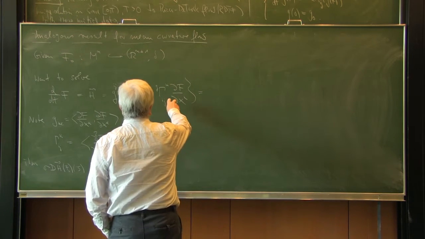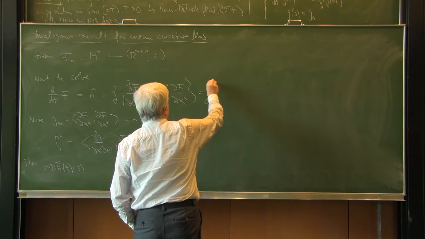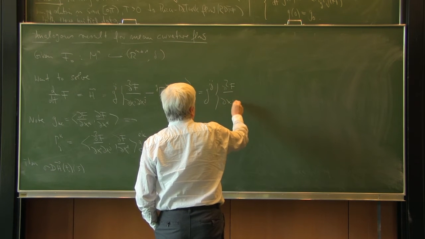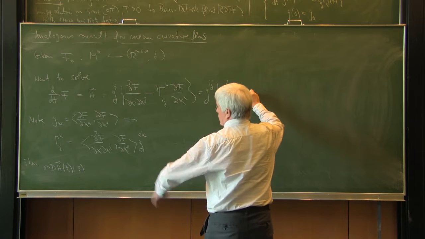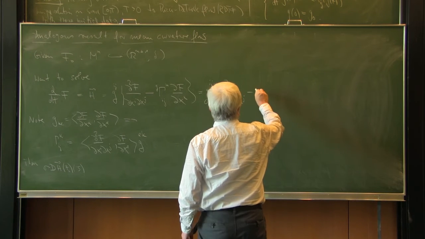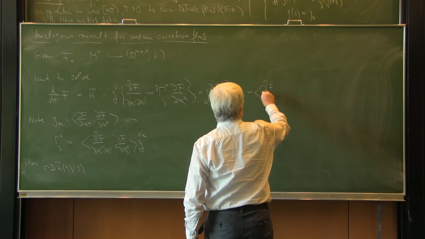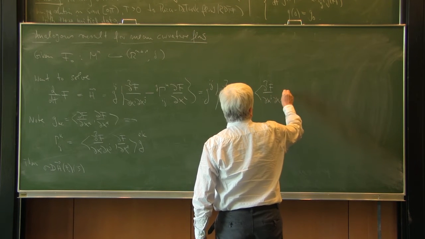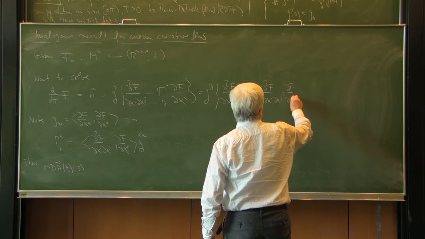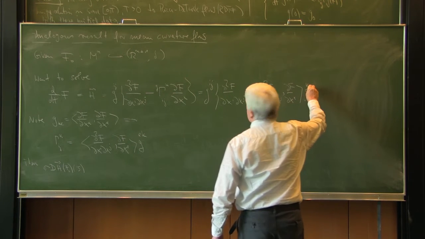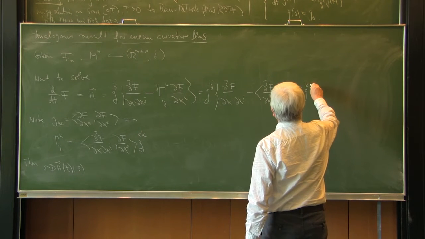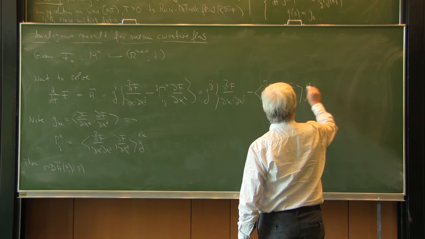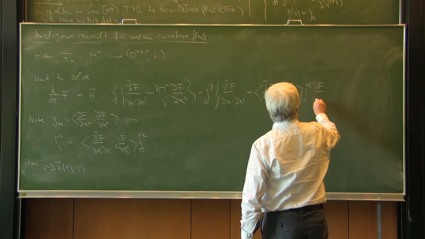We can write this as g^ij times ∂²f/∂xi∂xj, using this formula, minus the inner product of ∂²f/∂xi∂xj with ∂f/∂xk times g^kl times ∂f/∂xl.